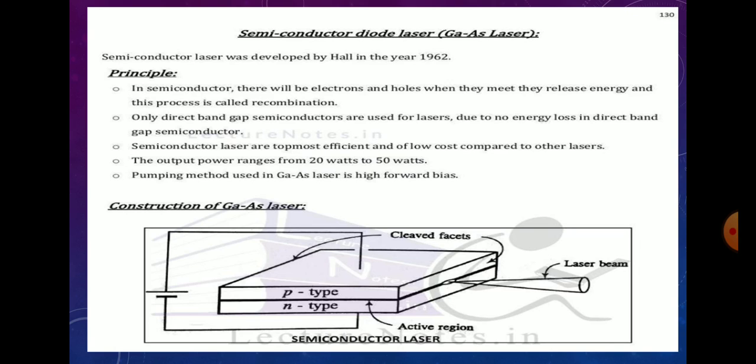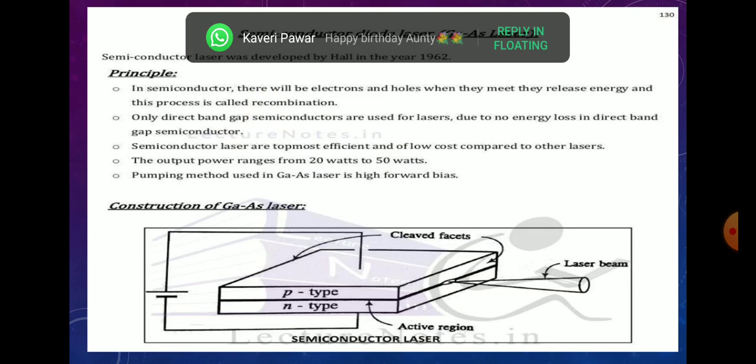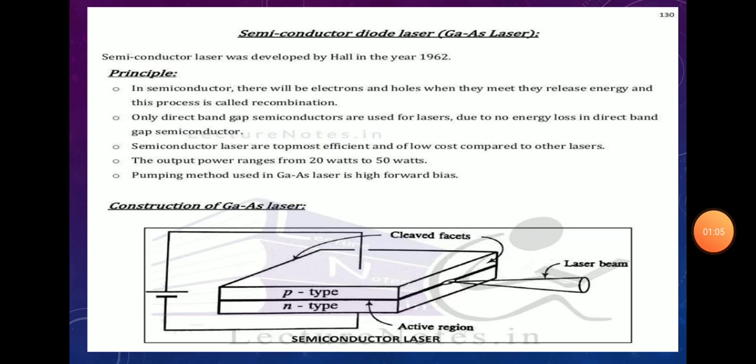For example, the gallium arsenide laser. The semiconductor laser was developed by Hall in the year 1962. The principle is that in a semiconductor there are electrons and holes. When they meet, they release energy, and this process is called recombination.